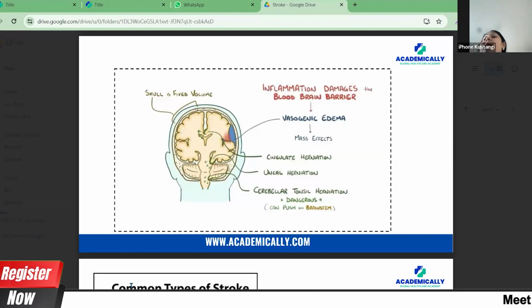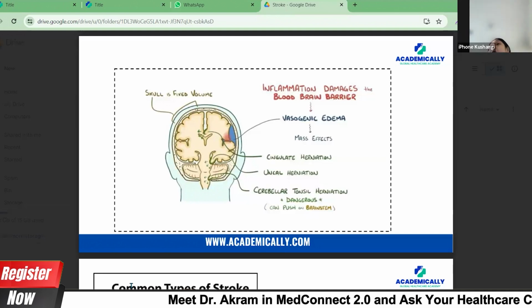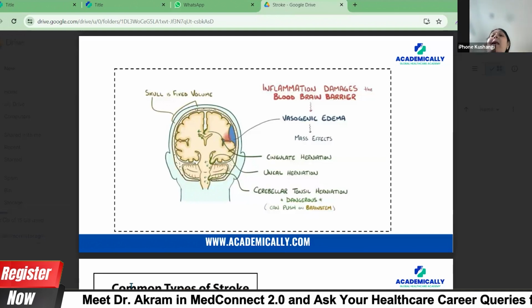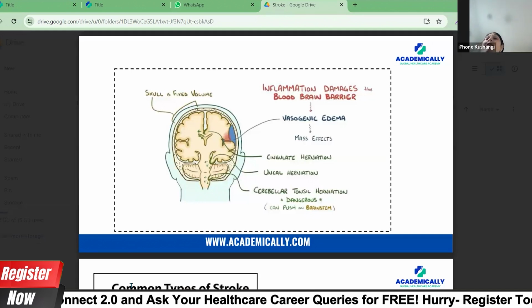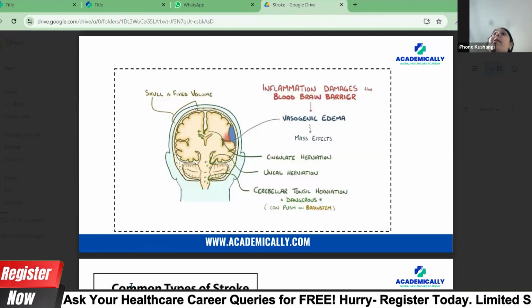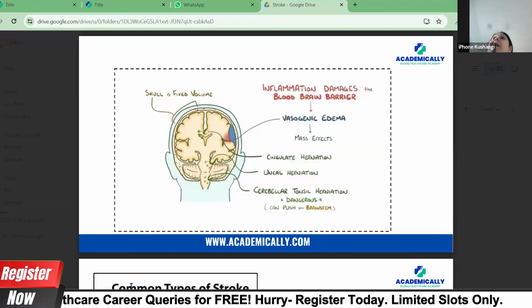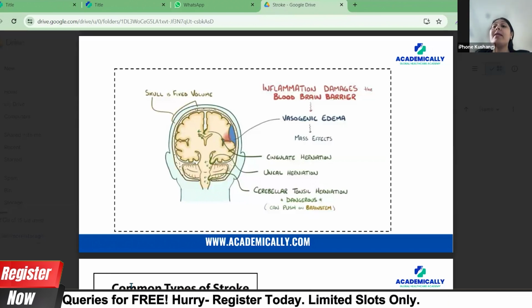The brain coverings are the strongest barrier to foreign substances, but due to infection they might lose their function and allow the movement of foreign particles into the brain. Thus it causes damage to the brain cells and causes the stroke.